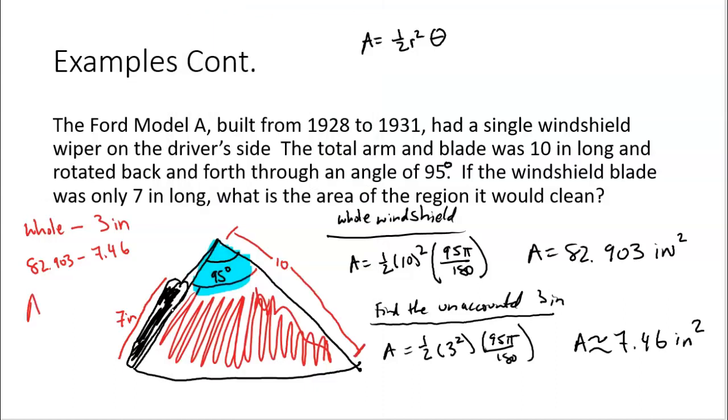So this is the whole area, 75.443 inches squared. That is the area that the windshield wiper actually cleaned.